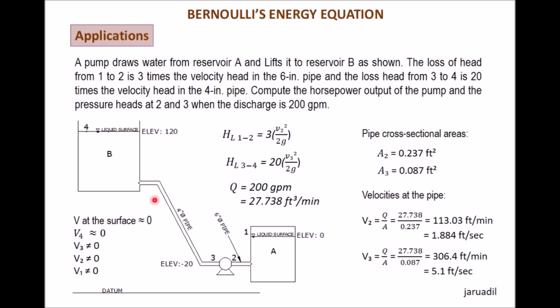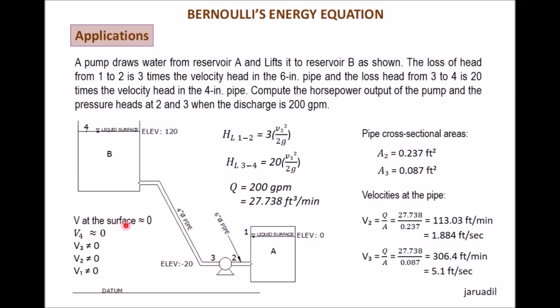Now for this figure, the given elevation at point 4 is 120 feet and the elevation at point 1 is 0 feet. And since points 2 and 3 are lower than 1, the elevation is negative 20 feet. Okay, so this is positive 120, this is 0 elevation, and this is negative 20 feet.